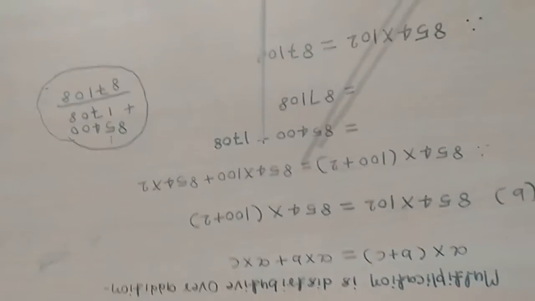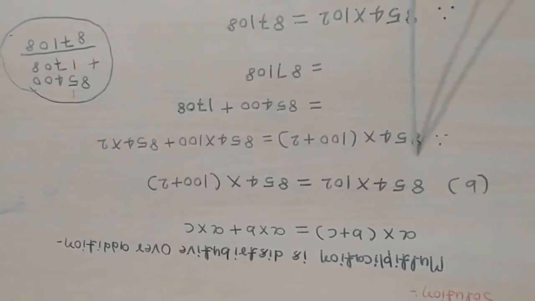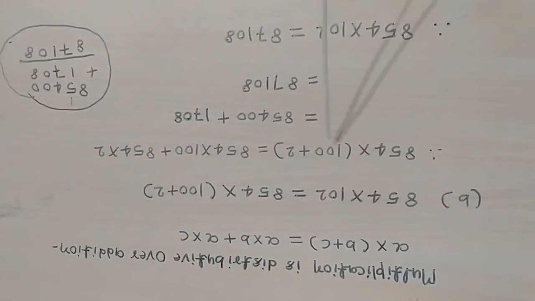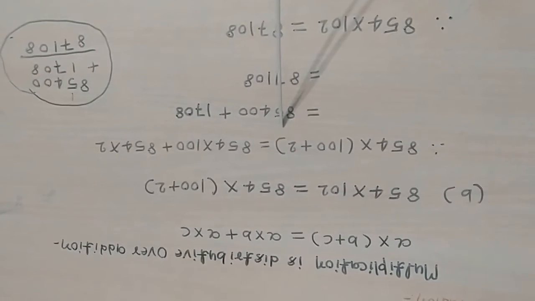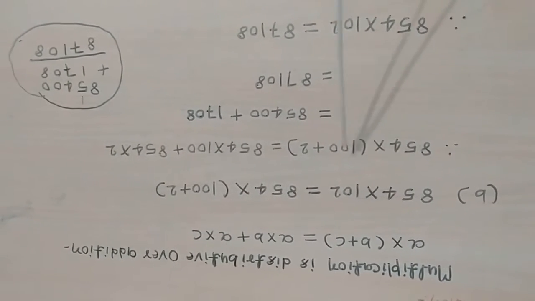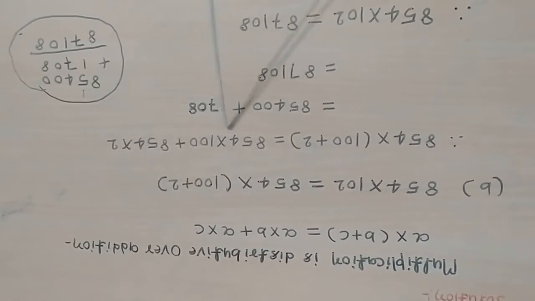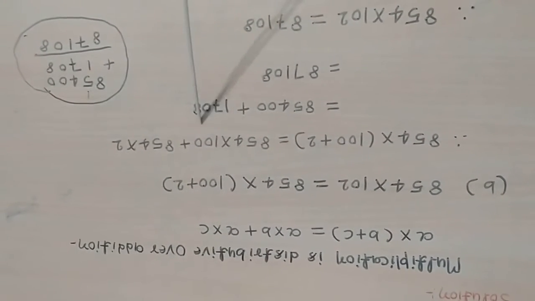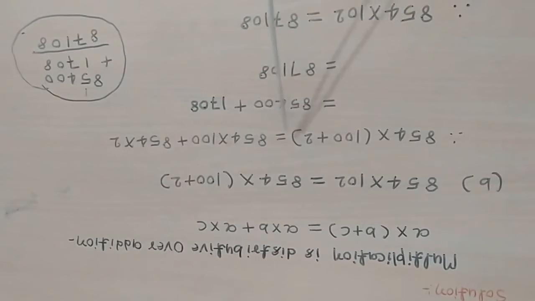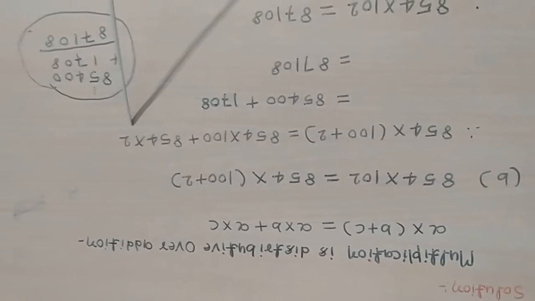So we open the bracket: first we multiply 854 into 100, plus 854 into 2.